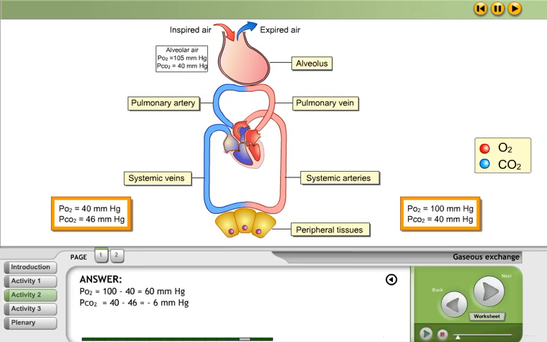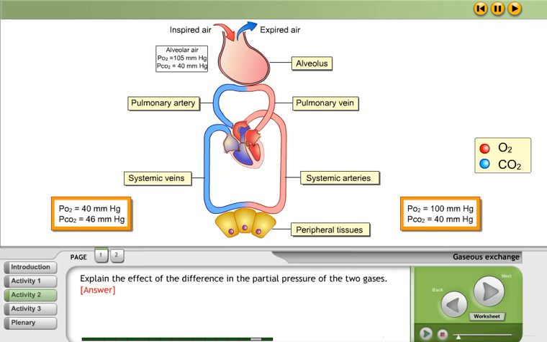Answer: partial pressure of oxygen equals 100 minus 40 equals 60 millimeter mercury. Partial pressure of carbon dioxide equals 40 minus 46 equals negative 6 millimeter mercury. Explain the effect of the difference in the partial pressure of the two gases.